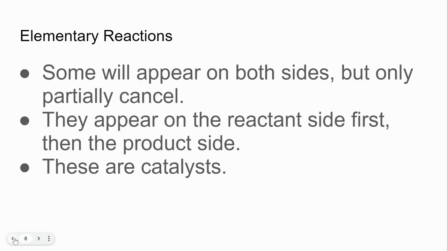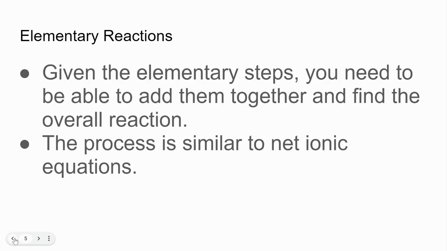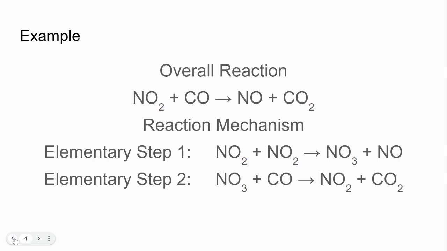Let me go back to the original one. Again, what we'd be looking for is something that is on the reactant side first and then appears on the product side later. And if we look, we have nitrogen dioxide here on the reactant side in elementary step number 1.